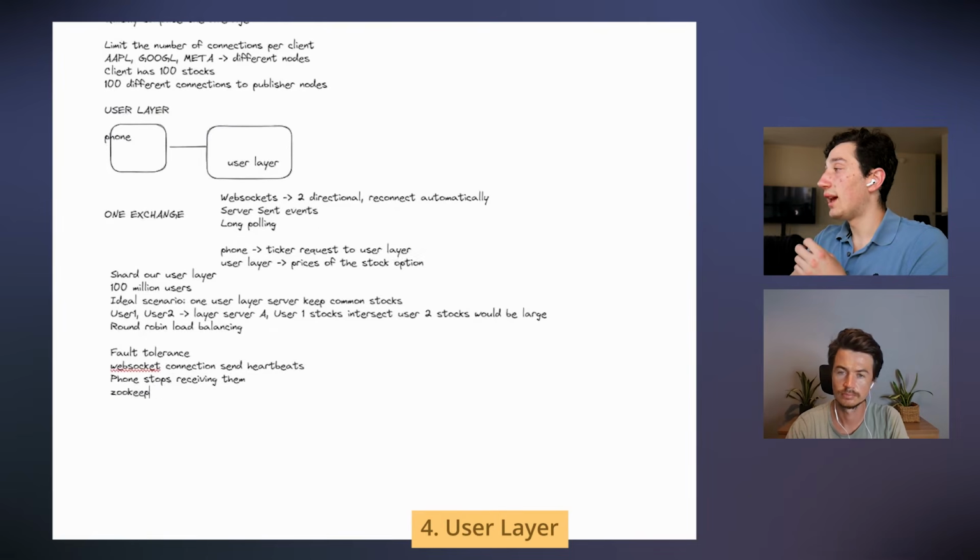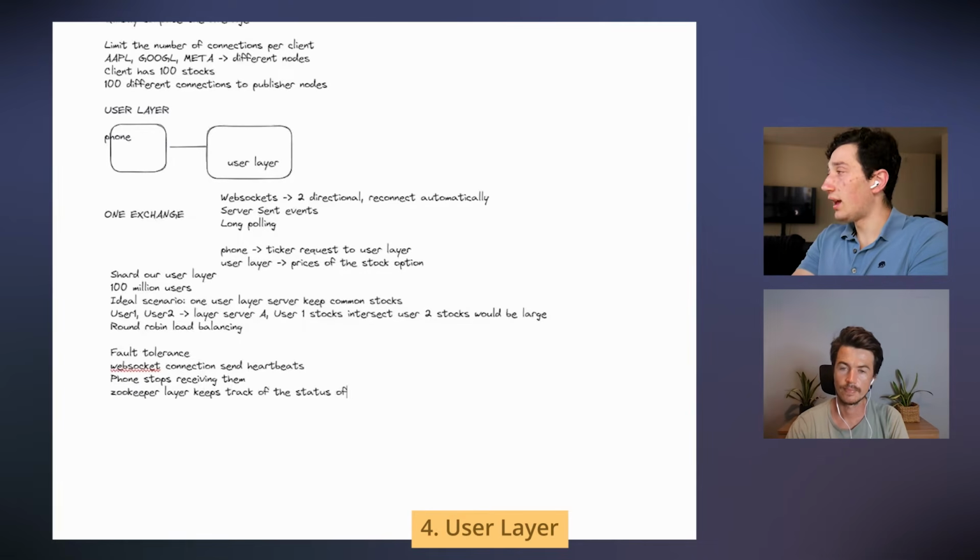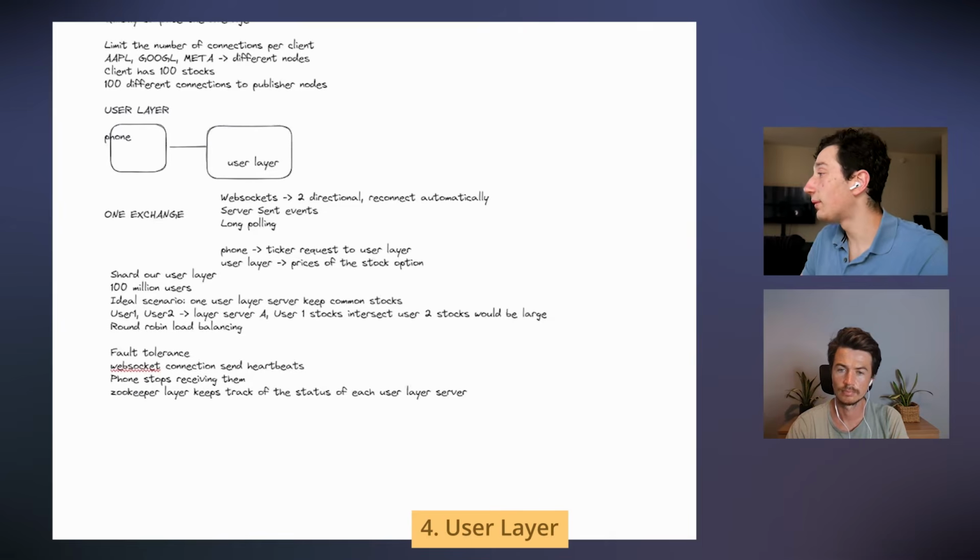And so I think that just by making sure to use heartbeats, and if we really wanted to, we could even have a zookeeper layer, which keeps track of the status of each user layer server. And that would help us to confirm that the user layer server is actually down and it's not an issue with the phone or something. But yeah, using heartbeats ideally should give us a pretty good sense of making sure that all the devices are getting the updates they need.